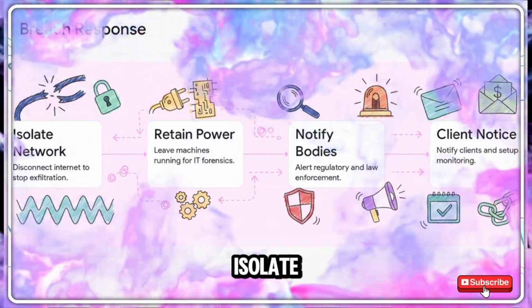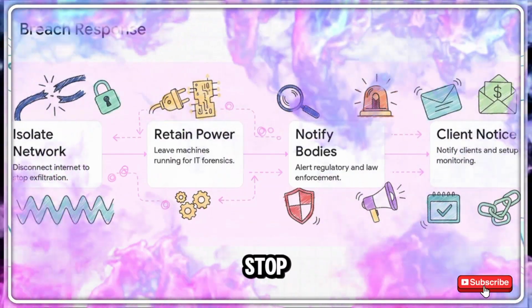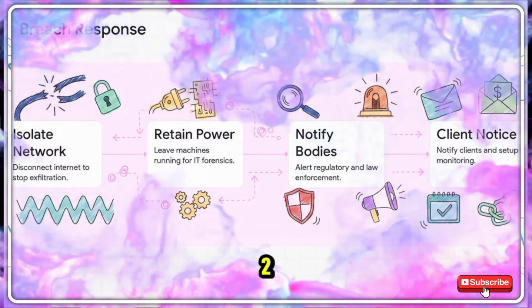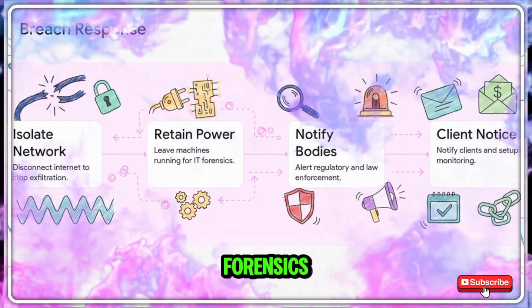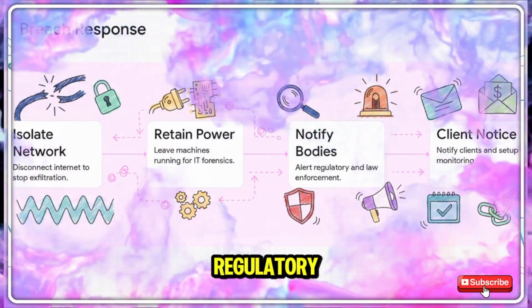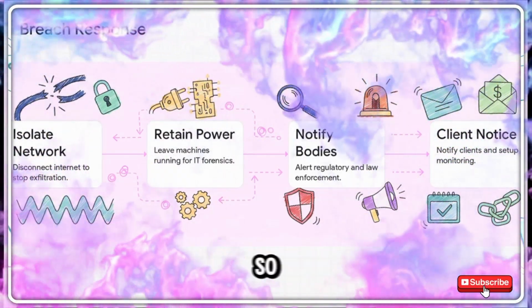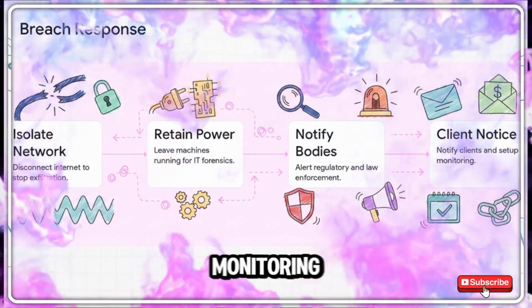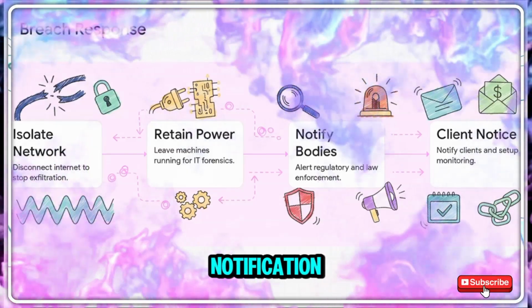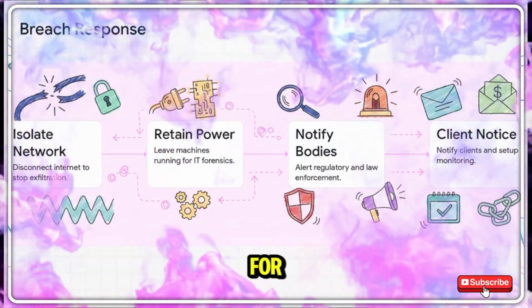Step 1, isolate the network immediately to stop the bleeding. Just sever the connection. Step 2, retain power for IT forensics. Step 3, promptly notify the designated regulatory bodies and law enforcement so they can activate their broader fraud monitoring systems. And Step 4, execute client notification and set up credit monitoring for them.